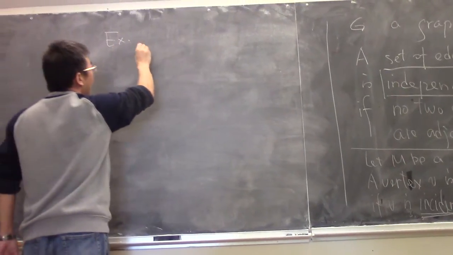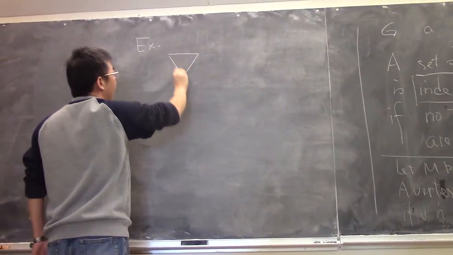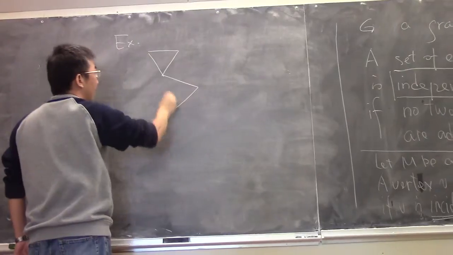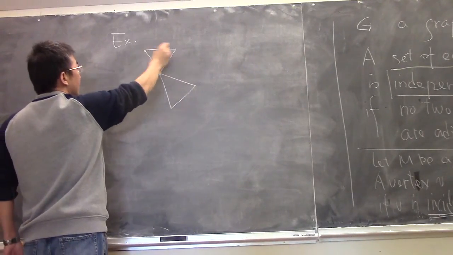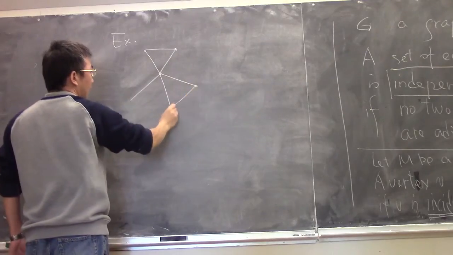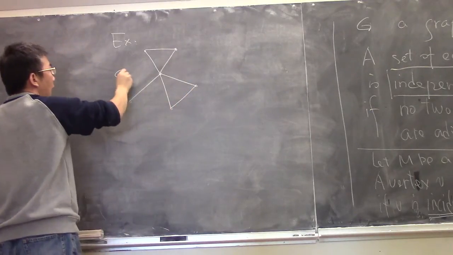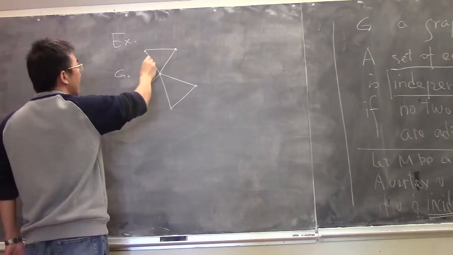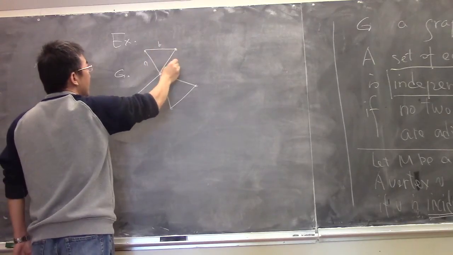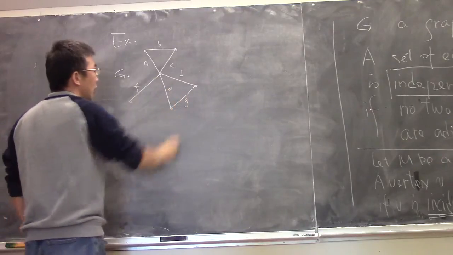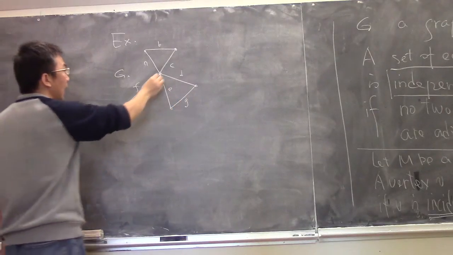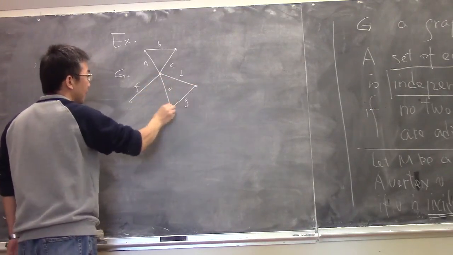Say I have this graph G. And I have, say, edges A, B, C, D, E, F, G, and these are vertices.